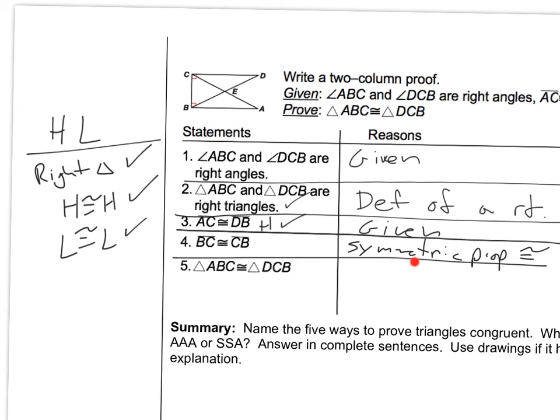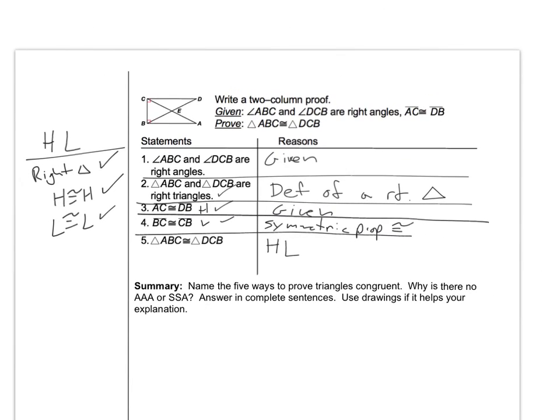Take a look at them if you want to learn more about them. And so these are both legs of the triangle, and so now I have that a leg from each triangle is congruent, so I have all the things I need to say that the 2 triangles are congruent by the HL theorem. I know it's a little bit much right now, but I think you guys will catch on pretty quickly here.